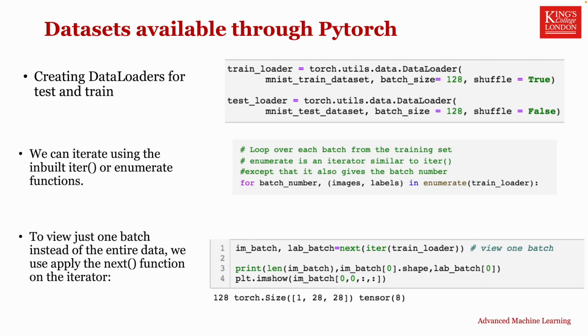If you just want to visualize an example from one of your datasets, then you can instead use this syntax using this next function. We can use this, for example, to check the batch shape as shown.